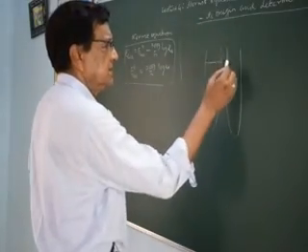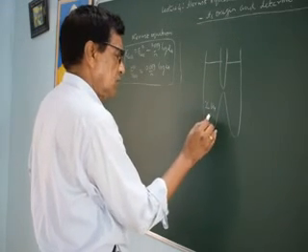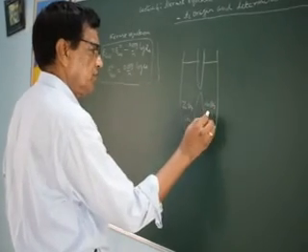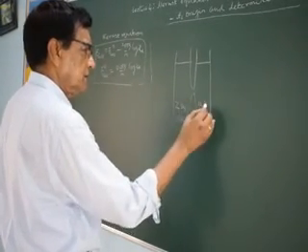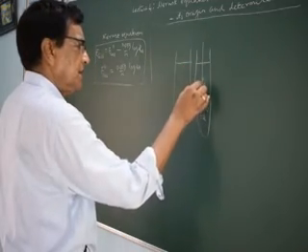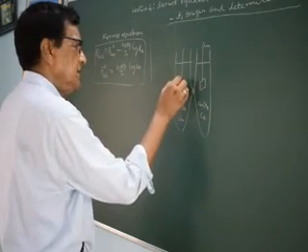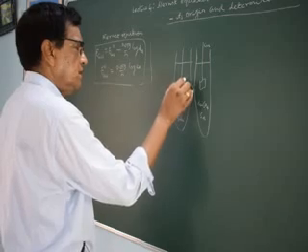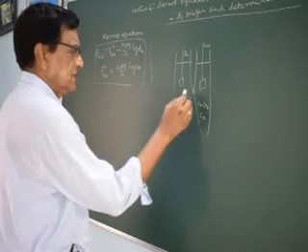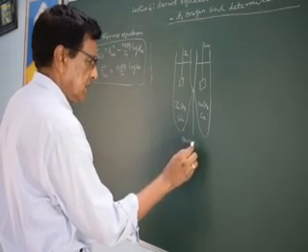This is the Daniell cell, and here the zinc sulfate solution, and here the copper sulfate solution, here the porous barrier, and here the copper electrode is dipped, and here the zinc rod is partially dipped.